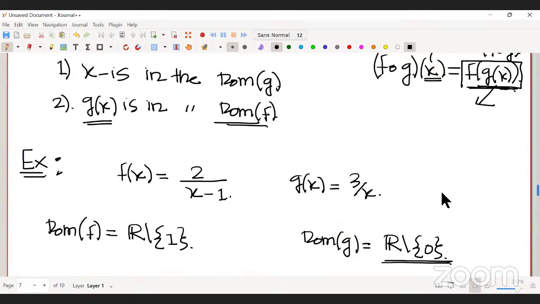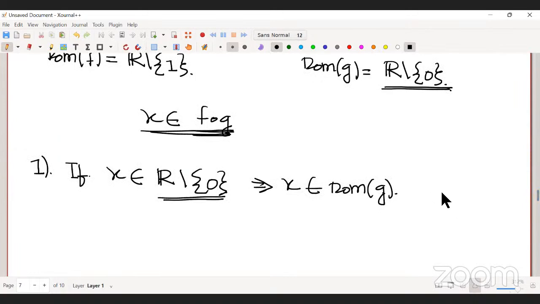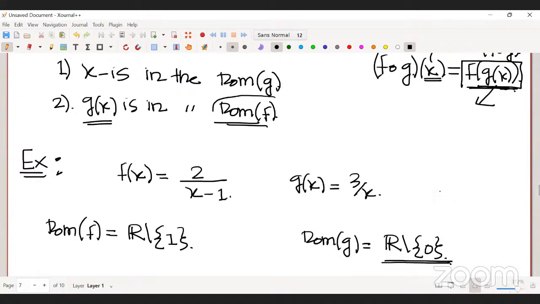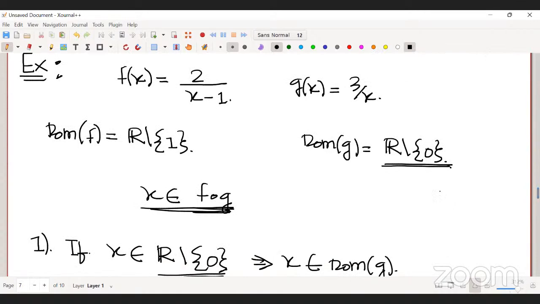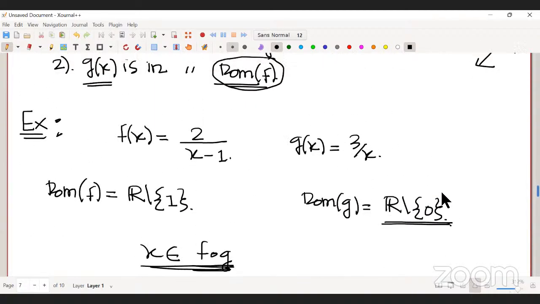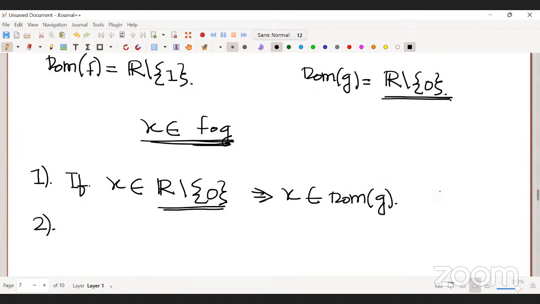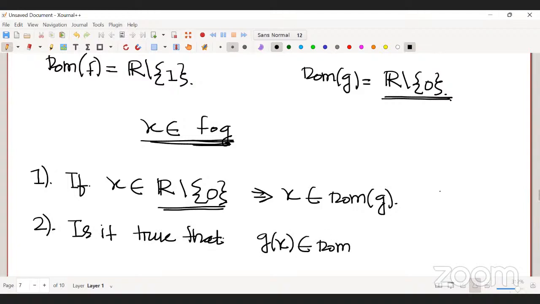But the second thing, I have to make sure that whatever x I am picking should be an element in the domain of F. If I take any element from this set, is it true? No, sir. Why? Because 1 is not satisfying the domain of F. Correct.